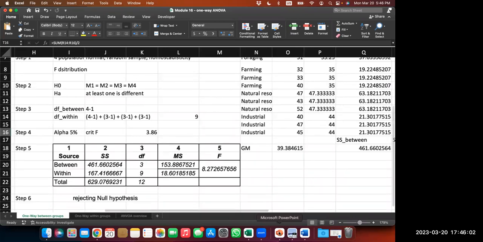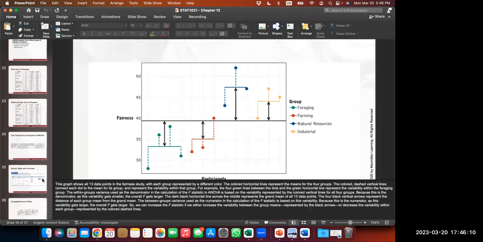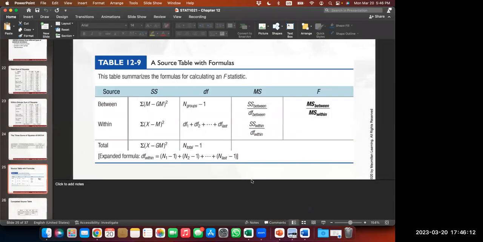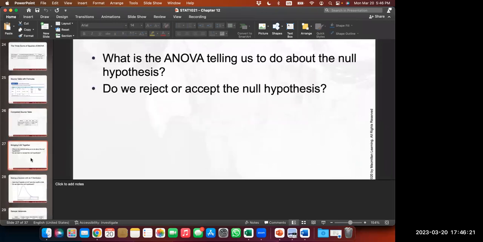All right. So that's our source table. We have a critical F of 8.20. We have a final F of 8.27, which is basically exceeding our critical F by 0.27.